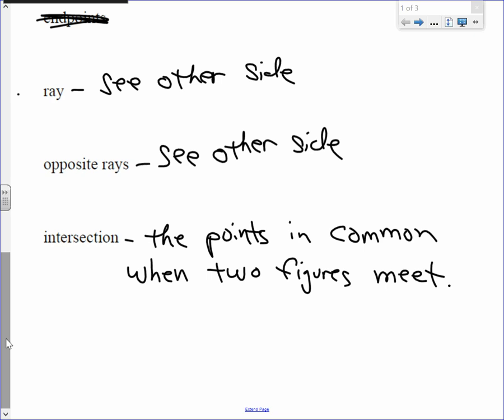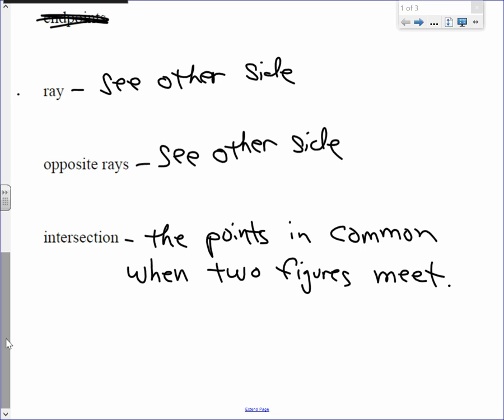The points in common when two figures meet. Oh, man, sorry. So when two figures meet in space, the intersection is the points that they have in common.